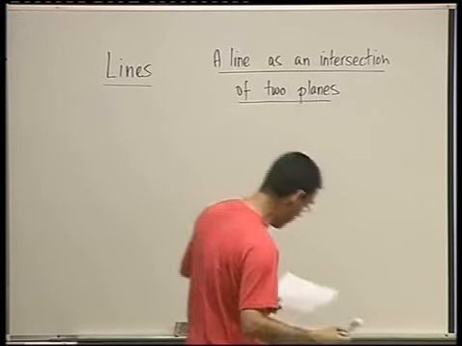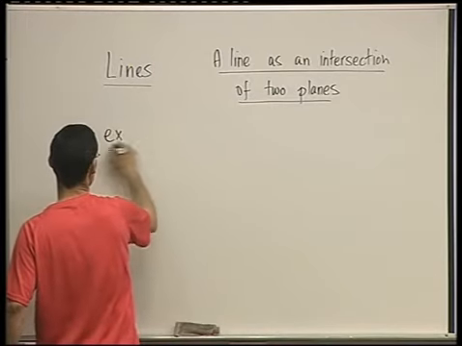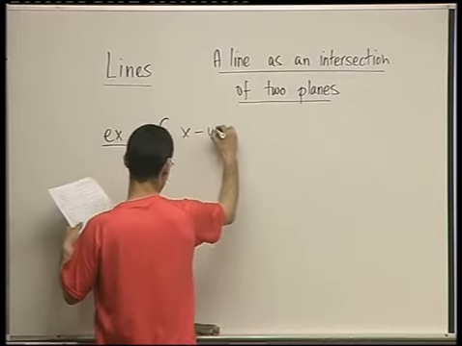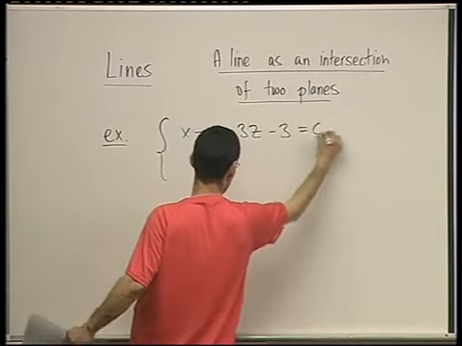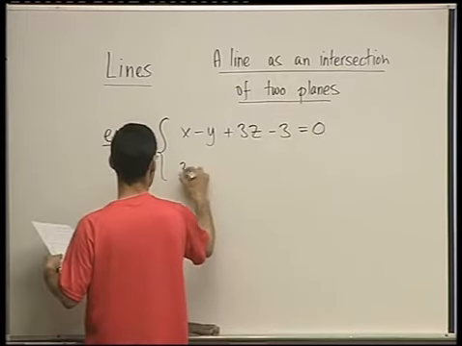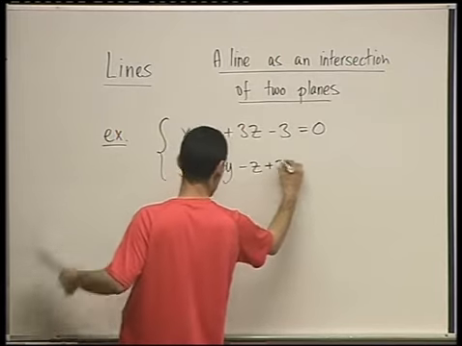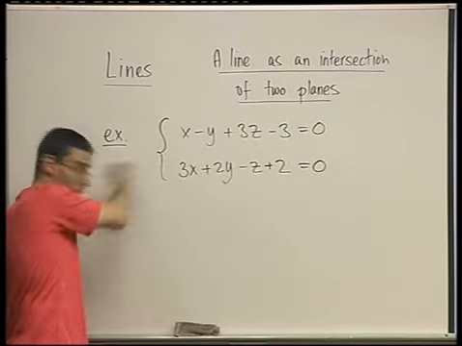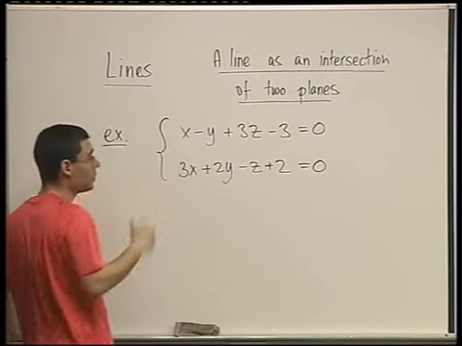So, for example, x minus y plus 3z minus 3 equals 0, and 3x plus 2y minus z plus 2 equals 0, this is a line. This is a system of two equations.